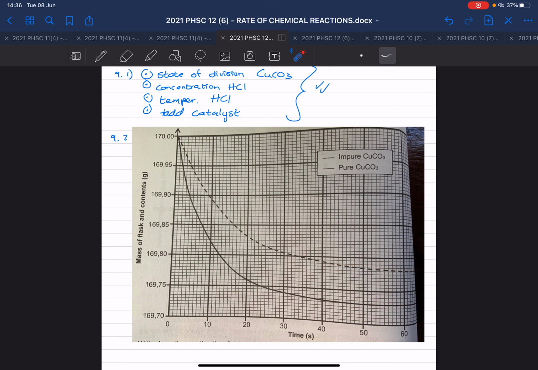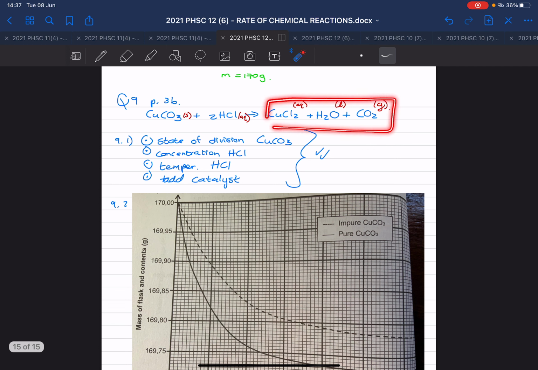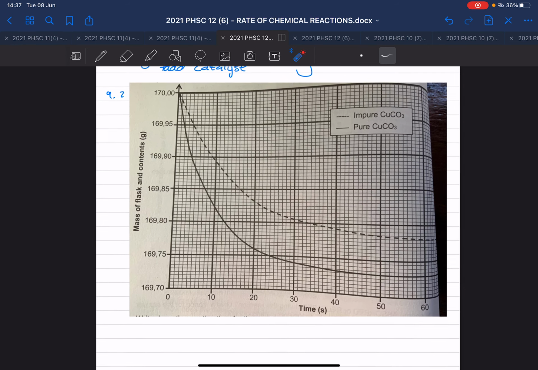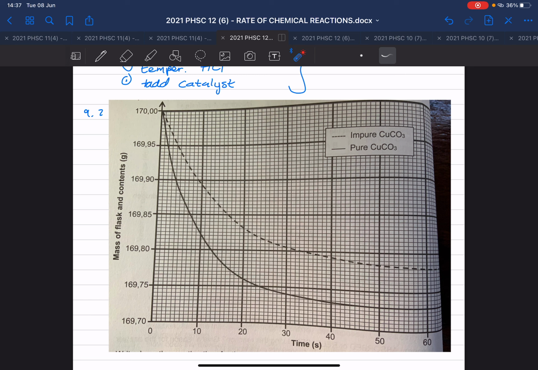Why do they end at different levels? The impure one ends at a much higher level of the contents. Why? Because with impure there's less products that's produced. Why is there less products produced? Because the acid must first eat through the impurities, so it will have less left over to produce the stuff that we want.